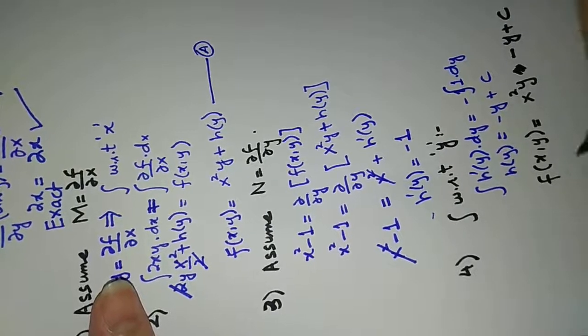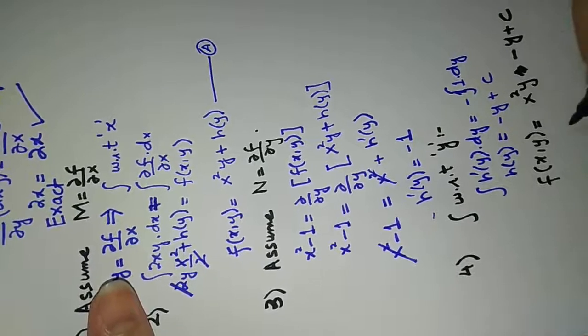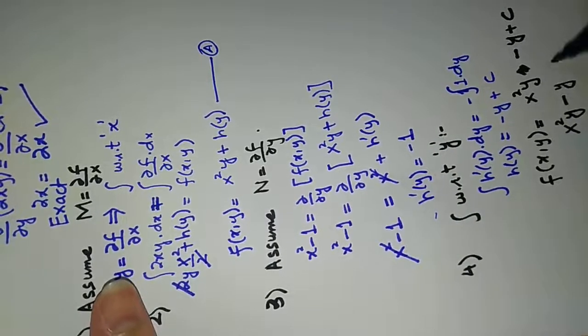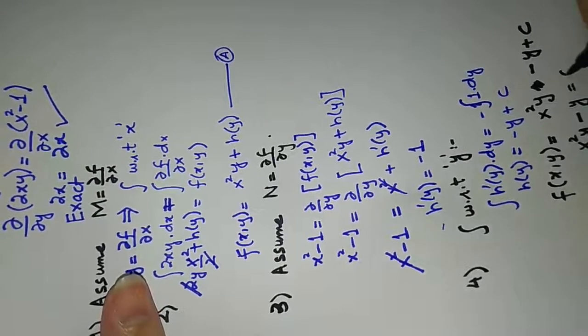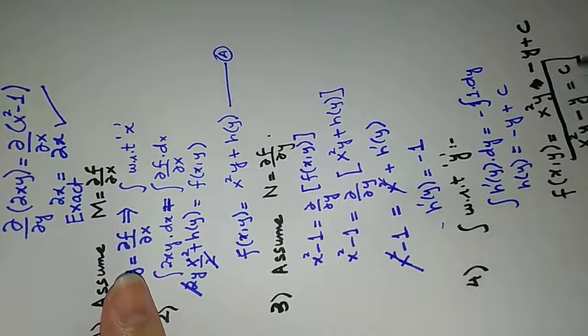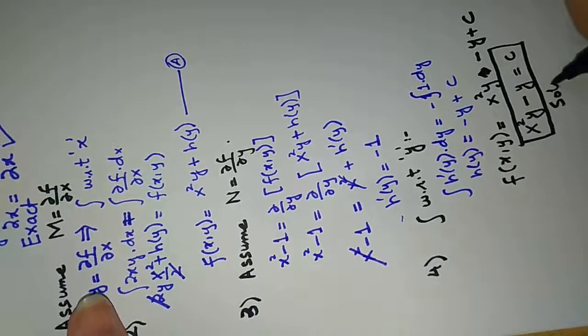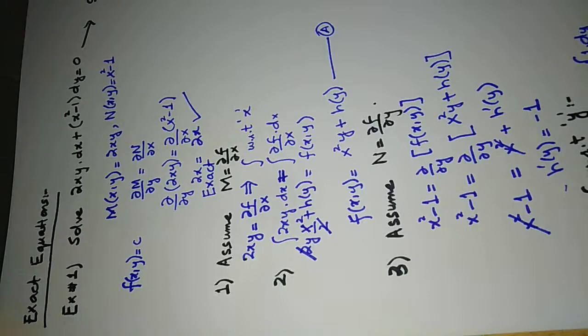So that is basically f(x,y) equals x²y minus y plus c. c can be added or subtracted, it is a general constant. So this is the final solution. I hope that you all understand this thoroughly. Thank you.